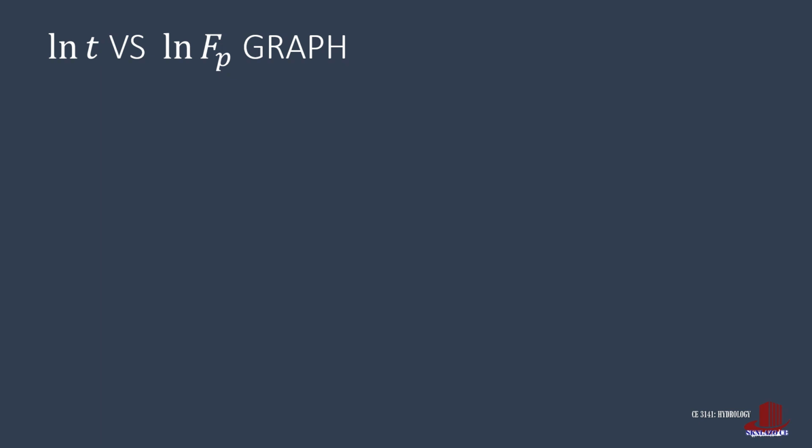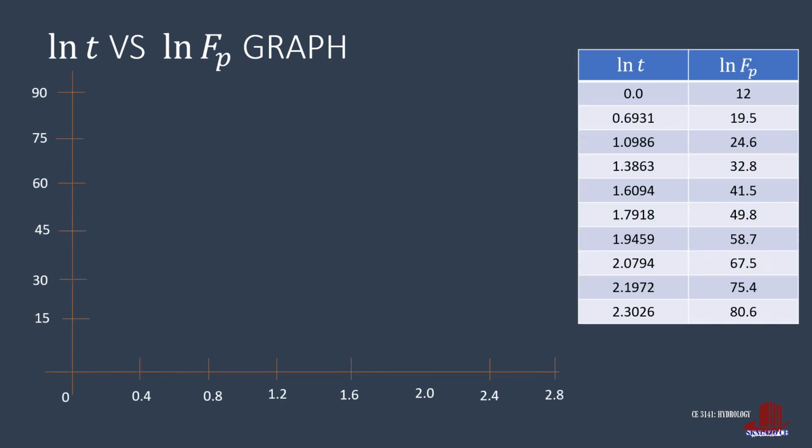For discussion, we plot the points in the graph, where the x-axis is ln of time, and the y-axis is the logarithm of the accumulated infiltration capacity. The first point is located at 0 and 12, then 0.6931 and 19.5, followed by the third point at 1.0986 and 24.6, then 1.3863 with 32.8.